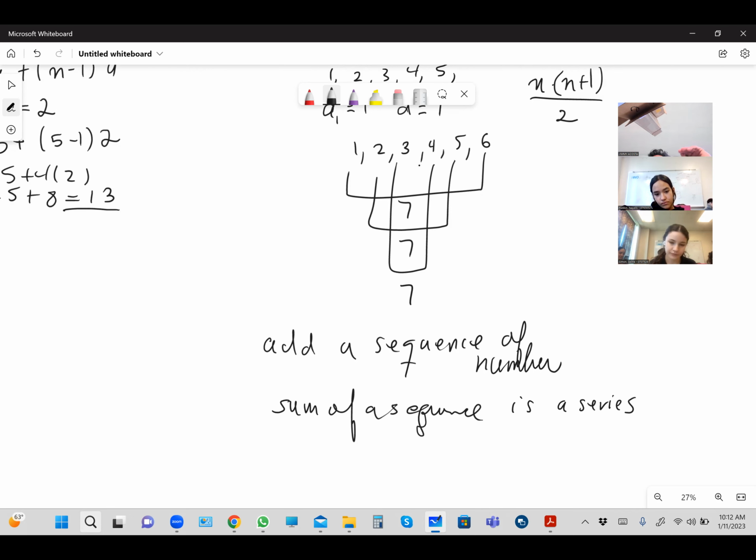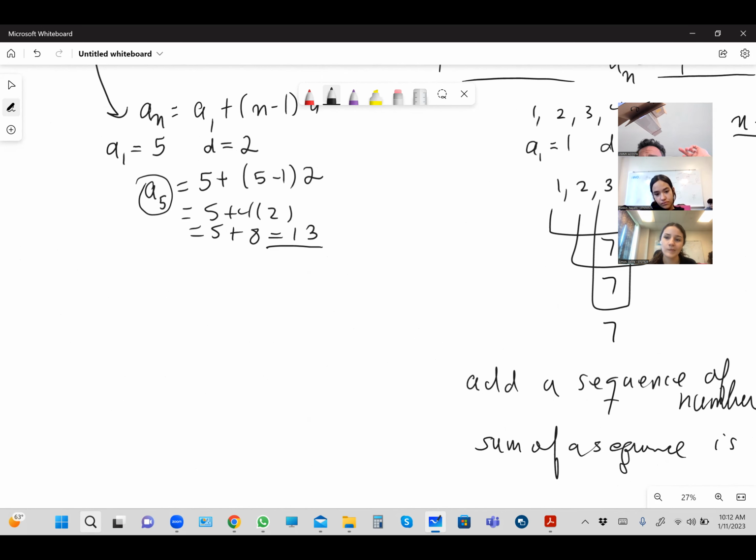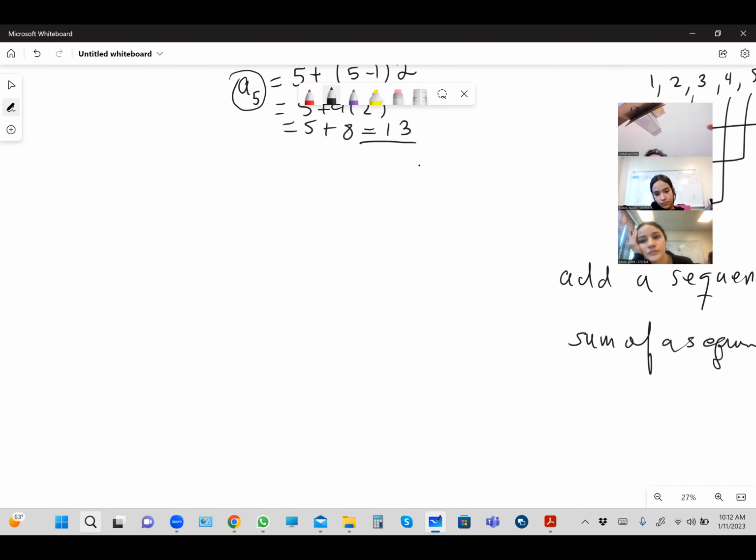So instead of doing it purely with letters, I want to do it with numbers first. Let's use the sequence we just made up: the first term was 5, the second term was 7, the third term was 9, and the fourth term was 11. This is an arithmetic sequence where the first term is 5 and the common difference is 2.